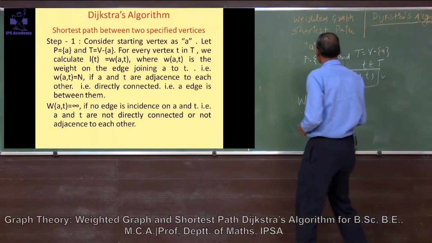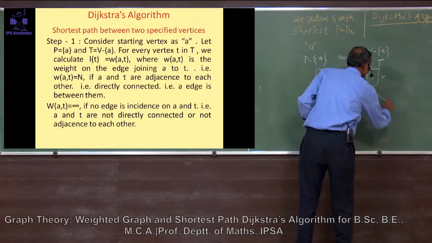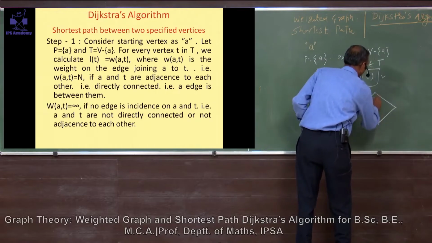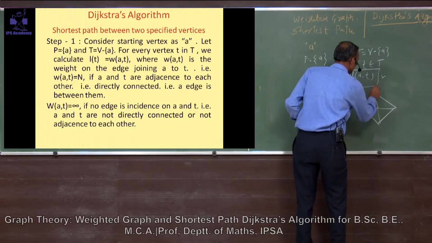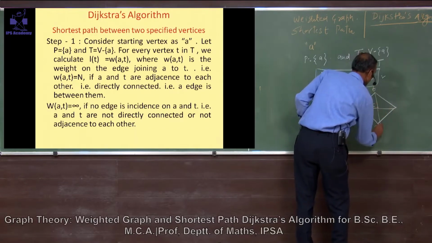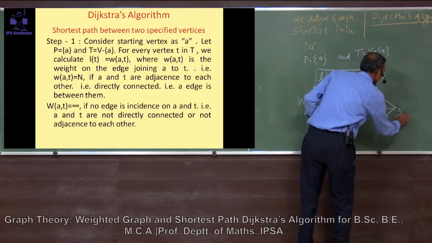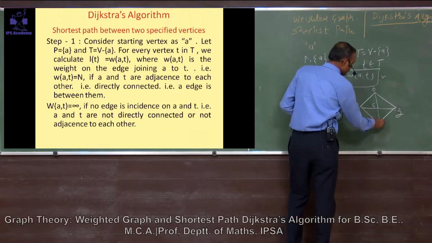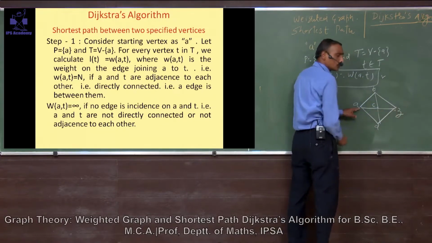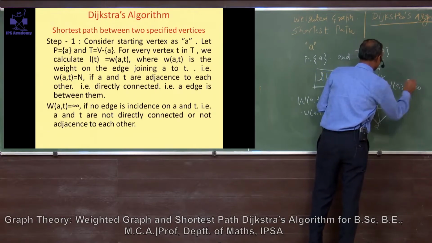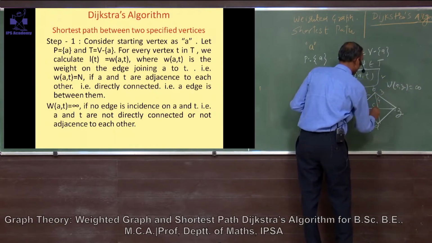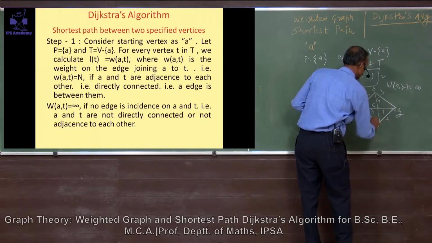A simple example: suppose this is any graph, with A connected to B, C, D, and this is Z, with edge weights 2, 3, 4, 3, 9, 2, 1.